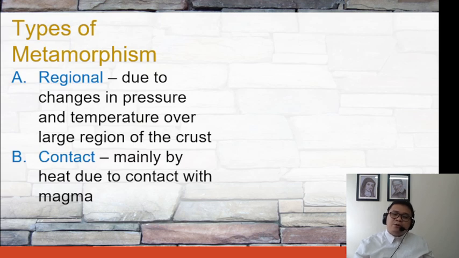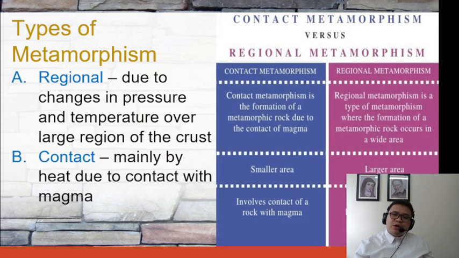So that's what regional and contact metamorphism is all about. For reference, when you say contact, it only involves a smaller area, and for a larger area, we call it regional metamorphism.